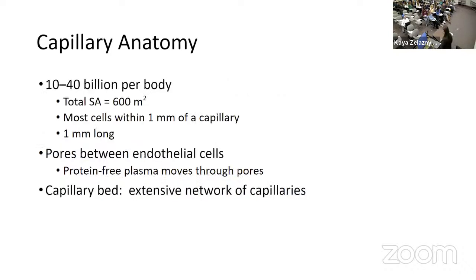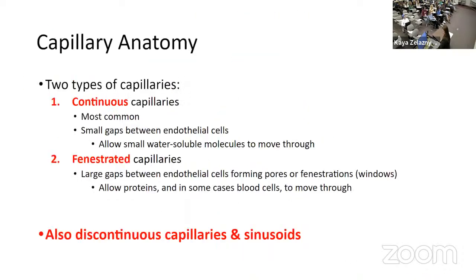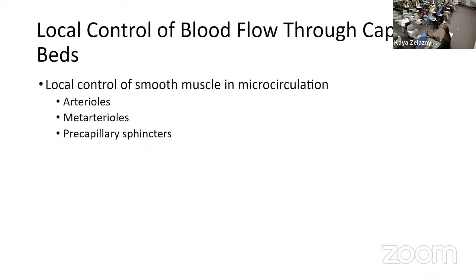We know that we have lots and lots of capillaries, and their surface area is crazy big, which is good, again allowing a lot of room for this exchange with the tissue, and they have pores between them. When we left off, we were looking at some of the ways we can control flow through the capillaries.